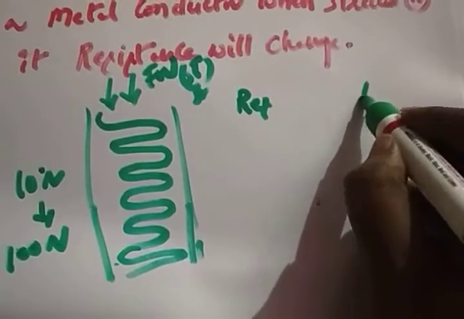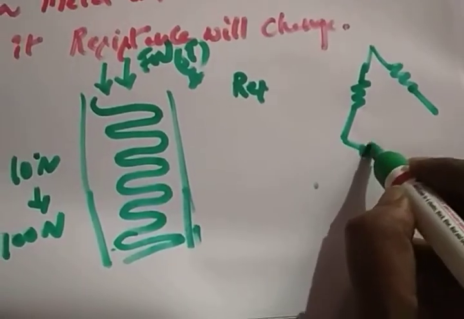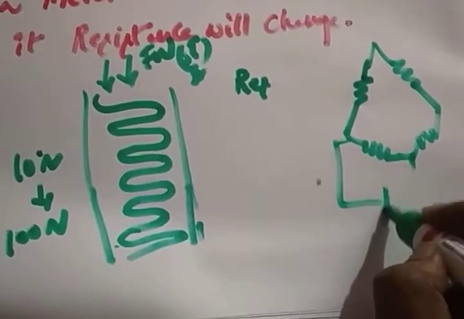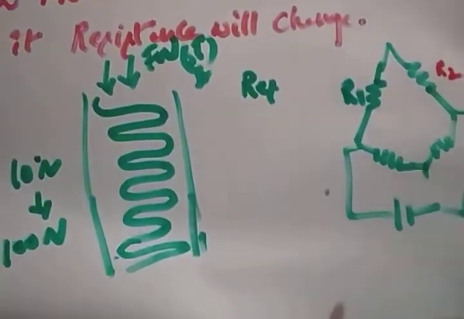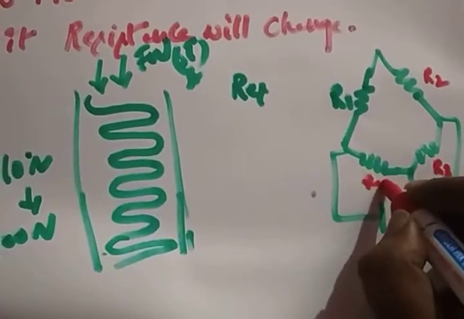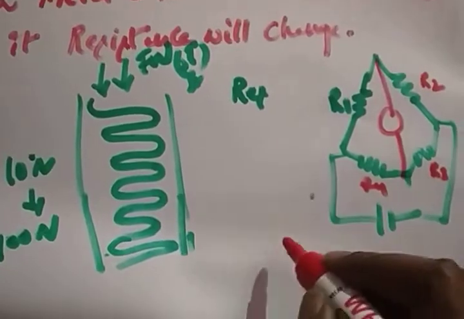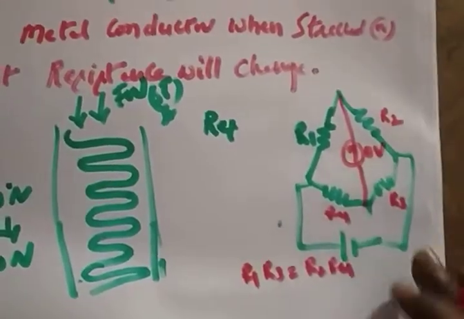Initially, the Wheatstone bridge looks like this: R1, R2, R3, R4, with a galvanometer deflection. If R1 by R2 is equal to R3 by R4, it will show a null deflection, 0 volts.